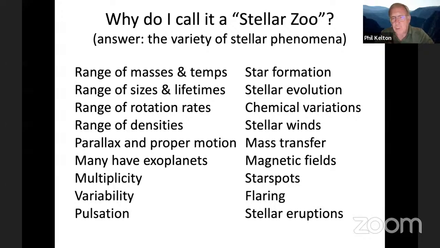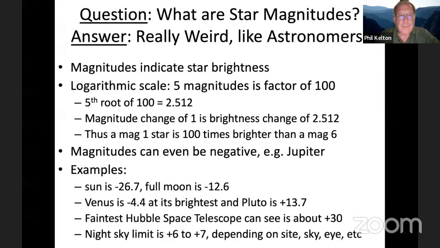Many have stellar winds. The sun has a solar wind, but many have stronger stellar winds than that. Often there's mass transfer in multiple star systems. They exhibit magnetic fields and star spots and flaring, just like our sun, and then they erupt. So this is a huge variety of phenomena that we can see with stars.